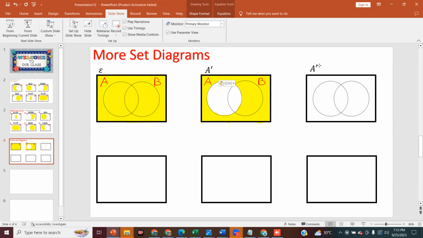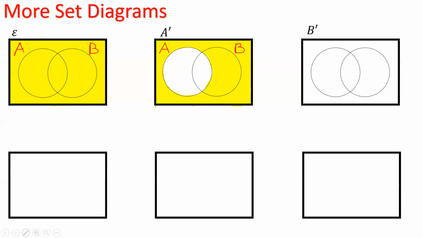Maybe I'm sharing my notes as well. All right, so what is B complement? That's gonna be everything except the B circle. Everything except for B. Very good. So let's do that.